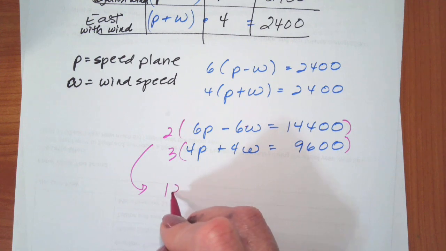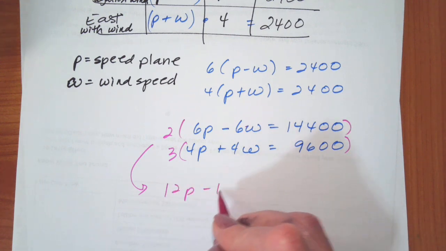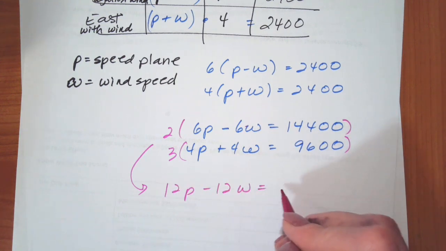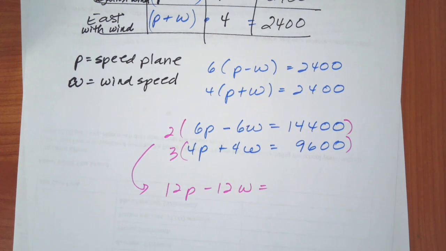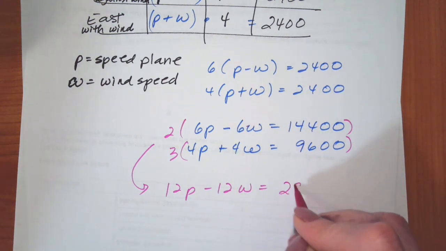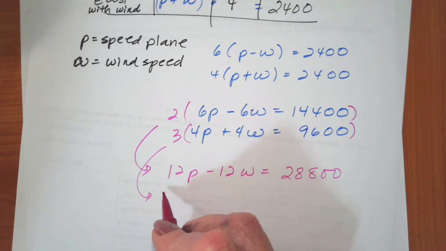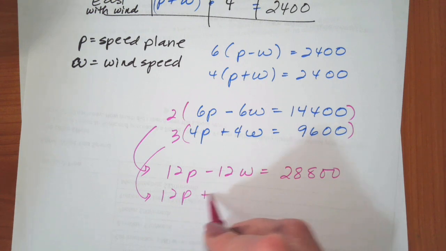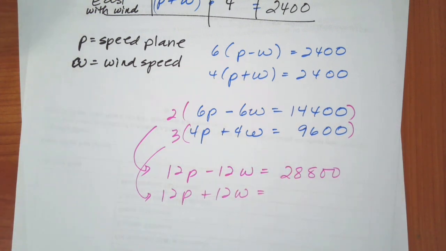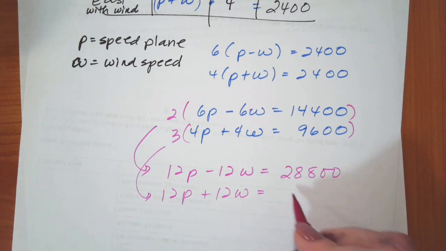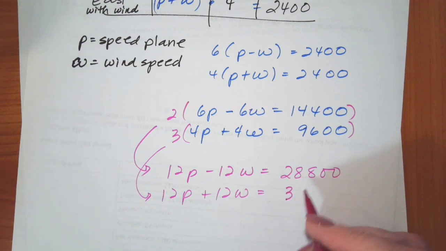So that gives me 12P minus 12W gives me 28.8. This becomes 12P plus 12W equals 38,400.